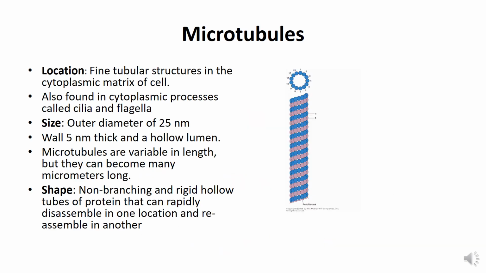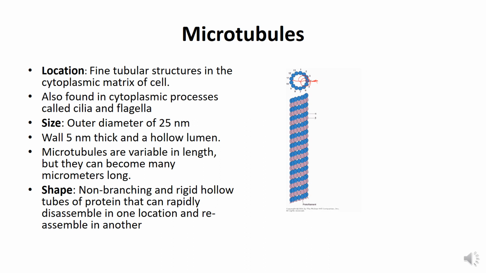So microtubules are fine tubular structures in the cytoplasmic matrix of the cell. They can be found anywhere in the cell. They are also found in cytoplasmic processes known as the cilia and the flagella. Their outer diameter is about 25 nanometers, the wall is about 5 nanometers thick, and they have a hollow lumen.